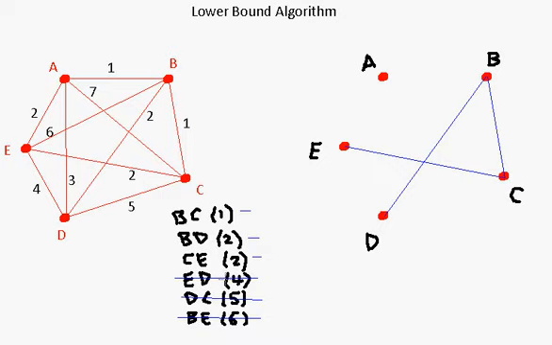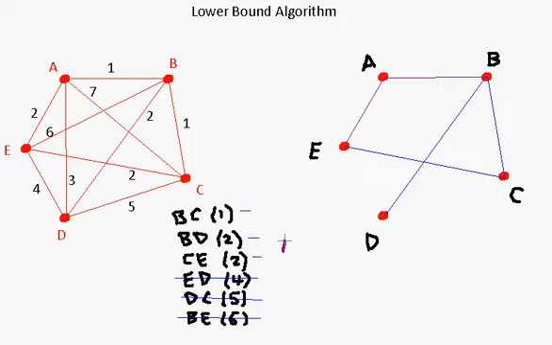Now that I've got that, the last thing you do in the lower bound algorithm is you add back in the two shortest edges coming out of A. In this case, that's AB at 1 and AE at 2. So I will write those down.